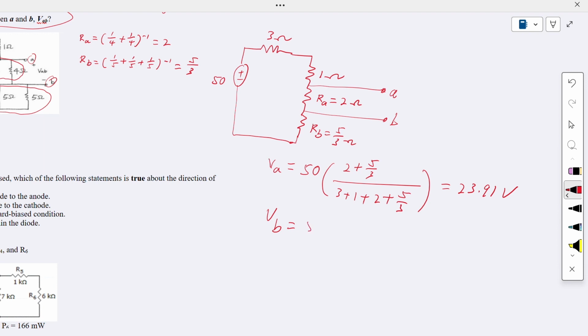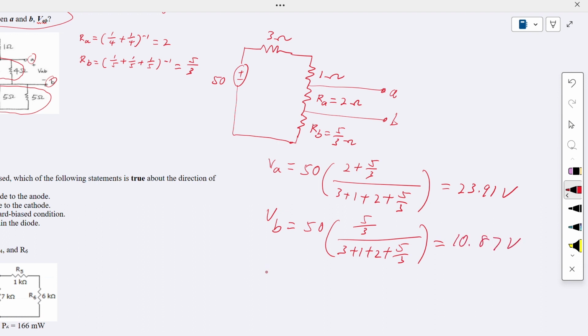Then we find the VB. VB is equal to 50, and the numerator is 5 over 3, divided by 3 plus 1 plus 2 plus 5 over 3. Then we get VB, which is 10.87 volt.